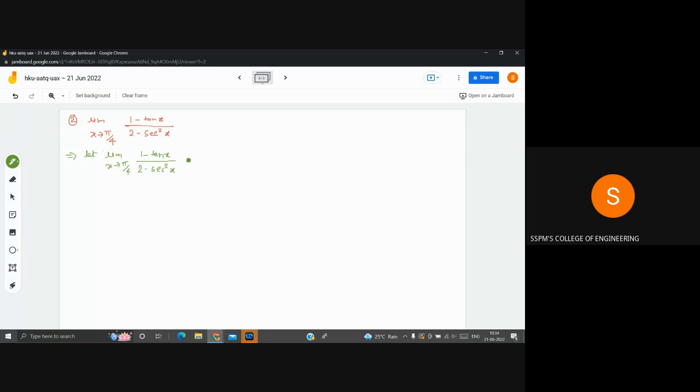So when you apply the limit as x tends to pi/4, what happens? See here. What is the proper limit as x tends to pi/4? So 1 minus tan of pi/4 upon 2 minus sec square pi/4.